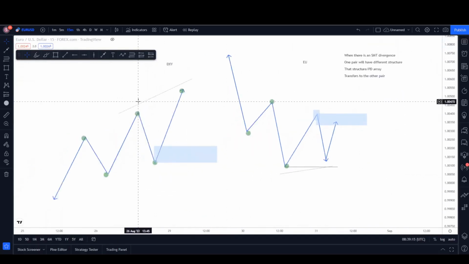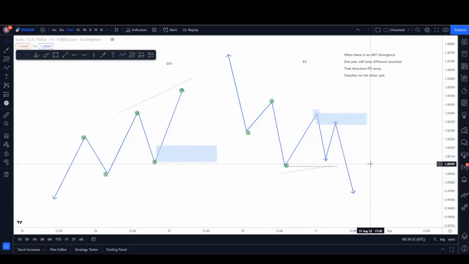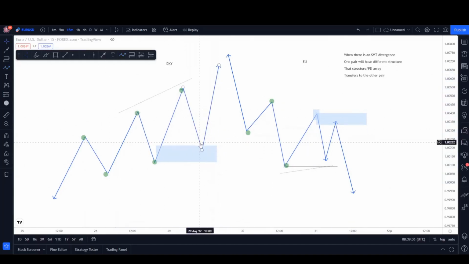So essentially, because dollar structure is bullish here, this is a relevant structure point on the dollar, this is not a relevant structure point on the EU. This structure point transfers to EU, so now this point becomes relevant, this PD array becomes relevant, and the PD array here becomes relevant. This PD array essentially could send price lower because dollar structure is different.